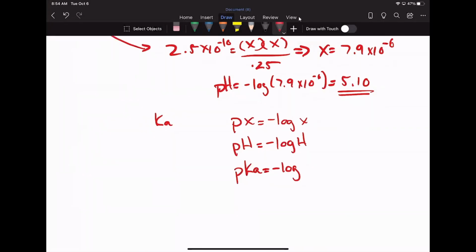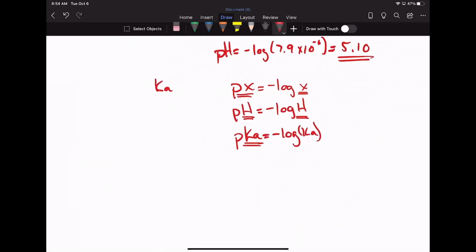The Ka. So now, in addition to pH and pOH, we're going to be dealing with something we call the pKa.